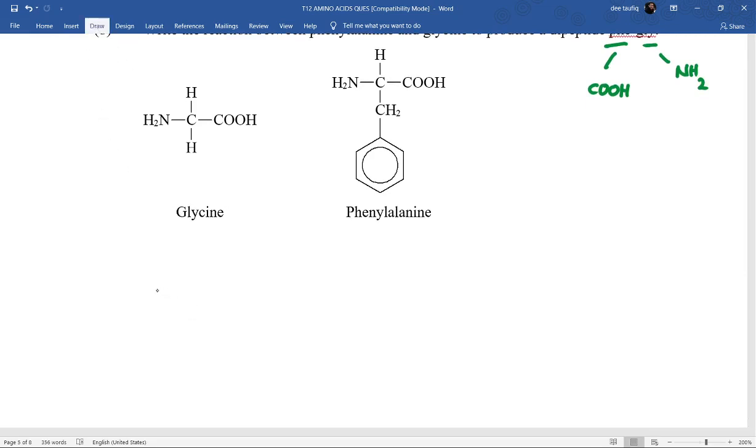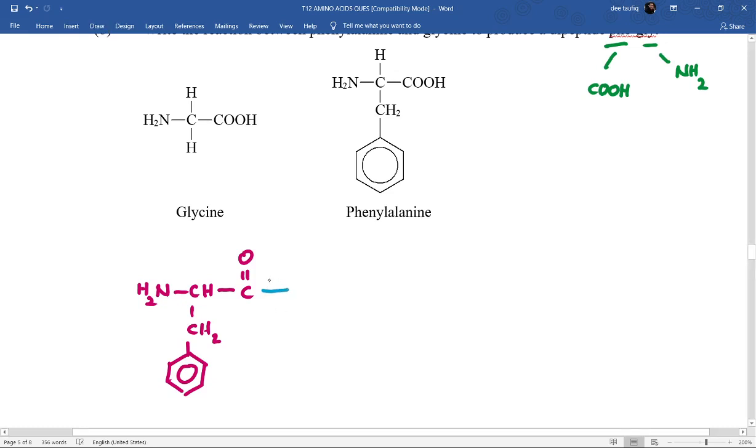For phenylalanine, it has NH2, so we only modify the COOH. Here CH, here will be C double bond O, and the OH is lost. And here there is CH2, down here we have the benzene ring. Okay. And we draw the peptide bond. I use the blue color for the peptide bond.